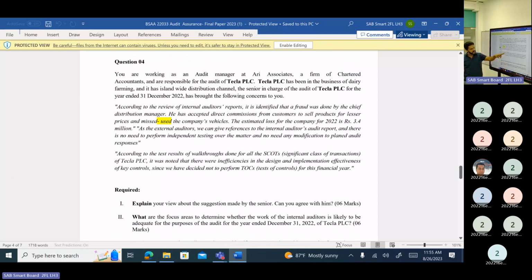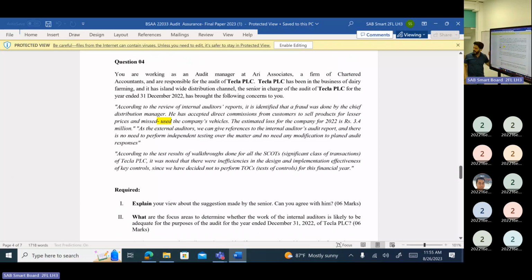According to the test results, walkthrough done for all spots of Delta PLC, it was noted that there were inefficiencies in design and implementation effectiveness. But that's not the design and implementation effectiveness of the key controls.